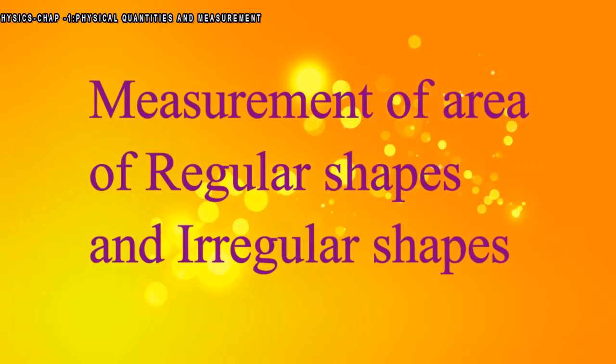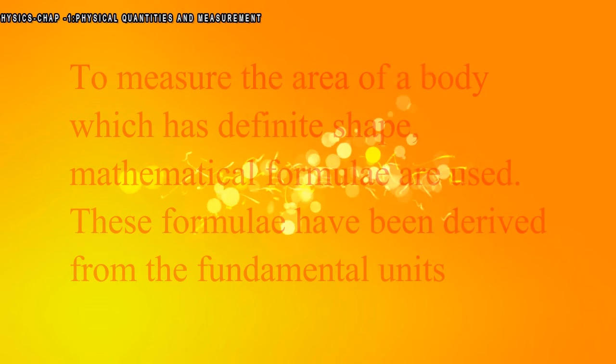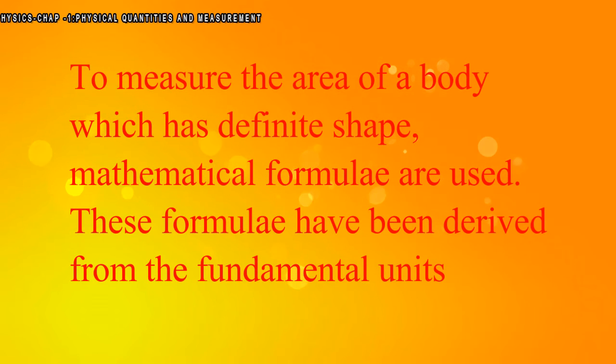Now, let us see how to calculate the area of regular shapes or irregular solids. To measure the area of a body which has a definite shape, mathematical formulae are used.